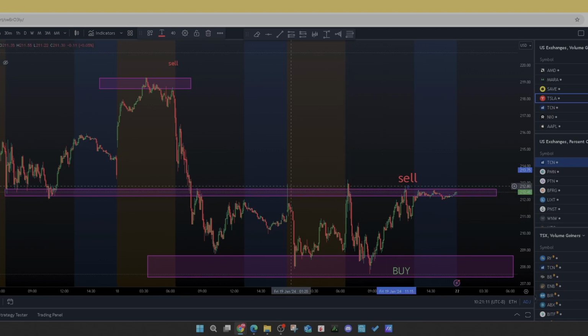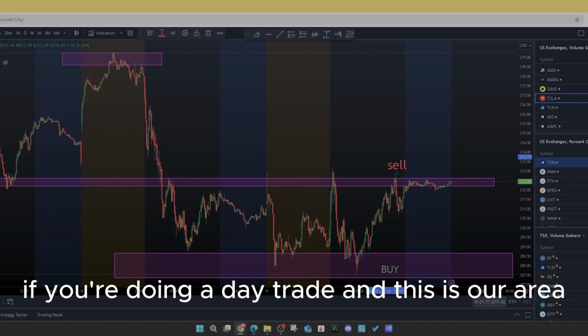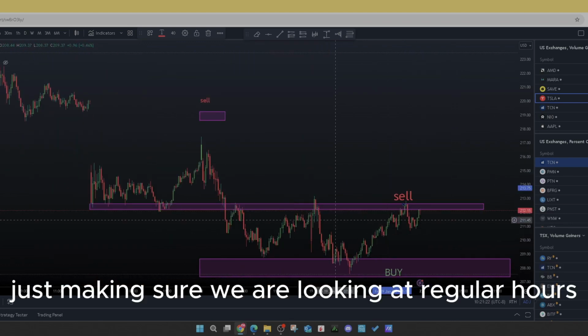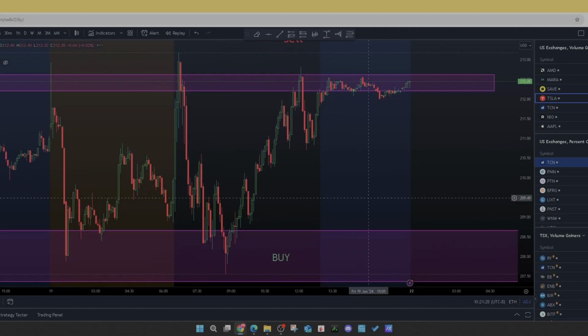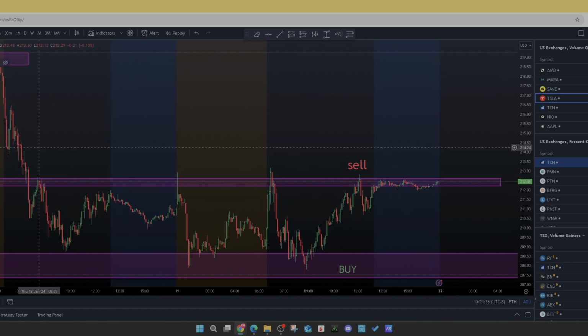But the whole purpose is, if we are doing a day trade and this is our area, just making sure we are looking at regular hours. This is the regular hours, meaning if I eliminate extended hours, this is where we see, right? Okay. It would be perfect, right?